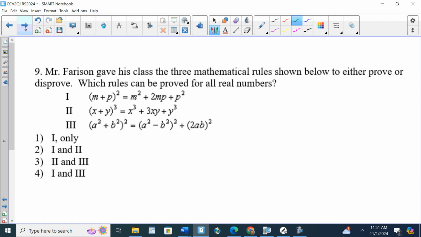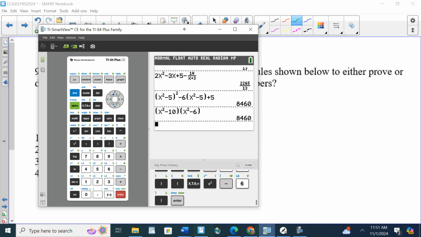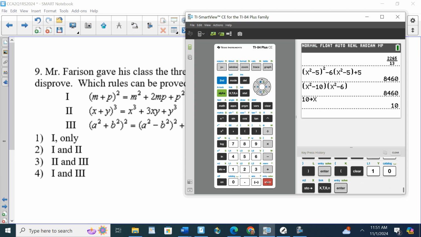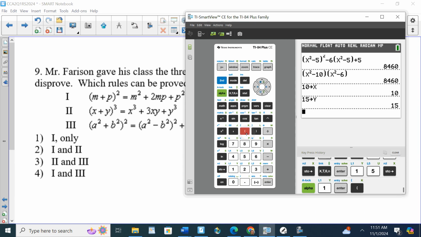Number 9, I want to know if these expressions are equal. I'm going to go to the calculator and I'm going to type each of them in. Let's store, I already have my 10 stored as x, so now I'm going to store 15 for y. X plus y squared.